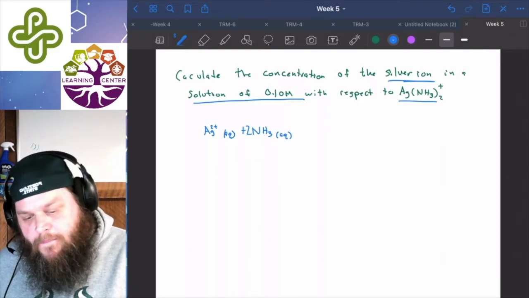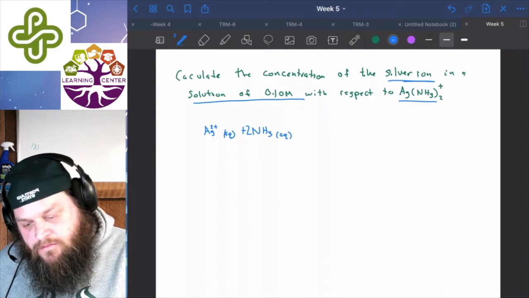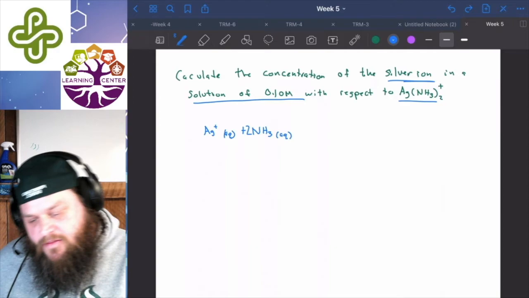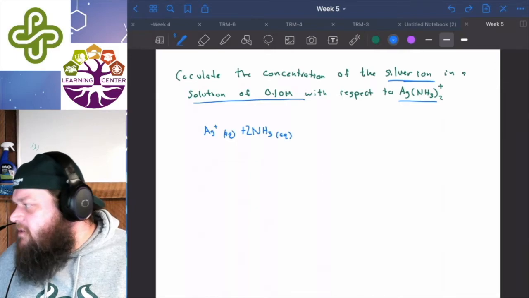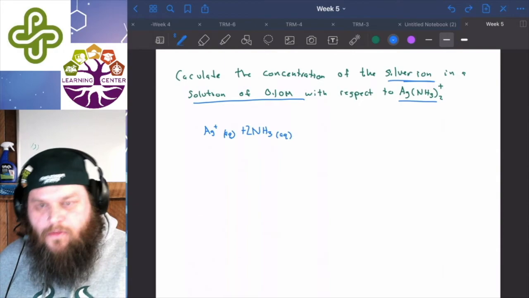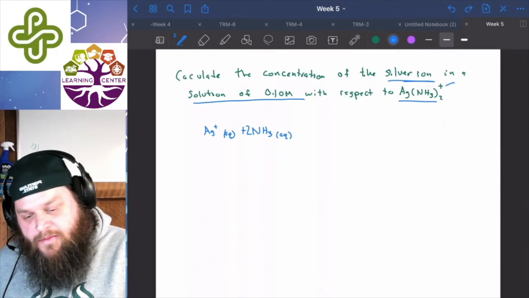Silver is just 1 plus, and the whole thing is plus 1.